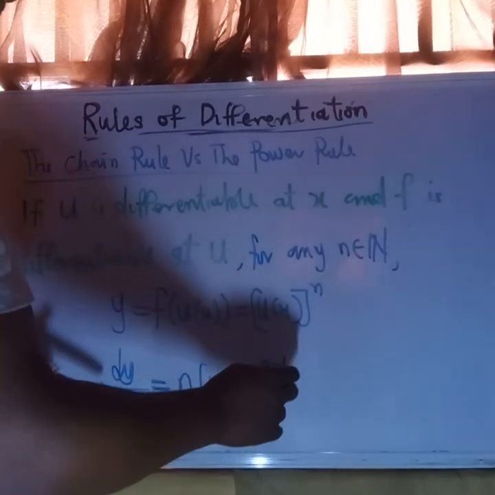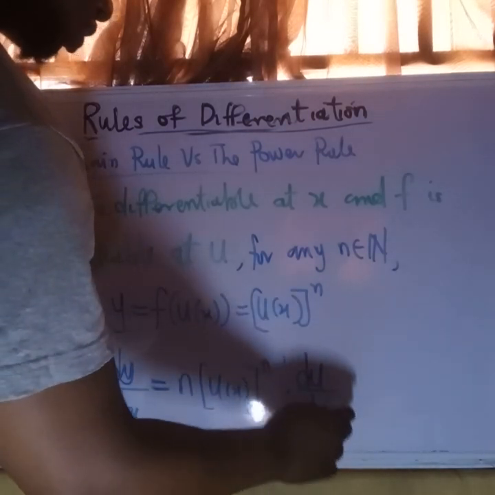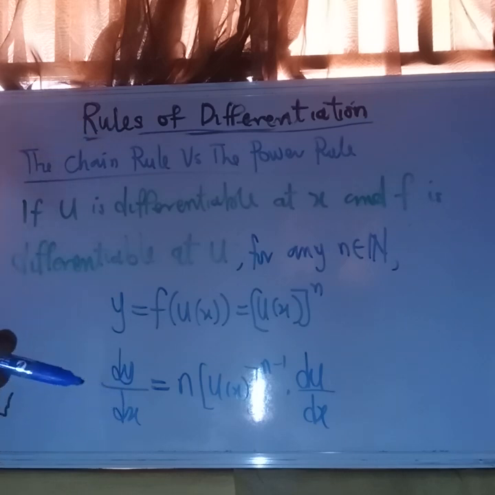By the chain rule, this is multiplied by the derivative of u with respect to x. So this is where the chain rule and the power rule are used concurrently. There are many examples of this form, so let's take them one after the other.